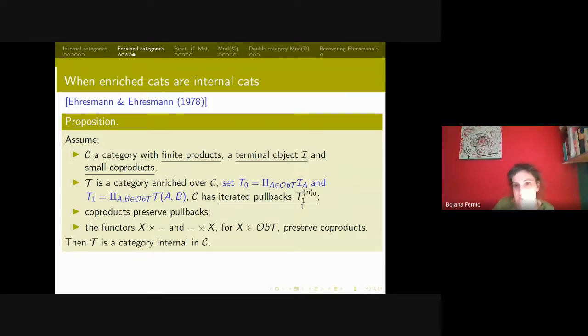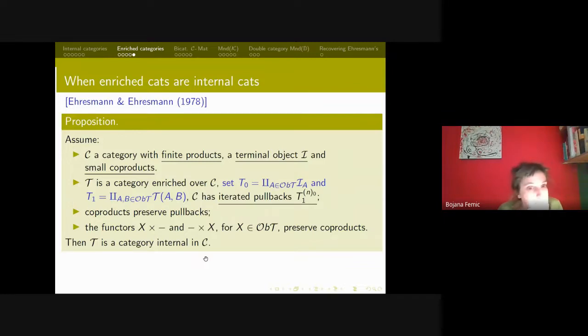Okay, so this is just my motivation to put iterated at this place. And also assume that coproducts preserve pullbacks and that the functors, these times with X, objects of tau, preserve coproducts. Well, under all these conditions, which the list seems long, but actually it's not difficult, they can be really fulfilled, a category enriched is also internal in that same category.